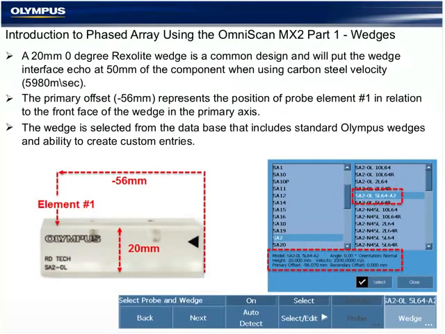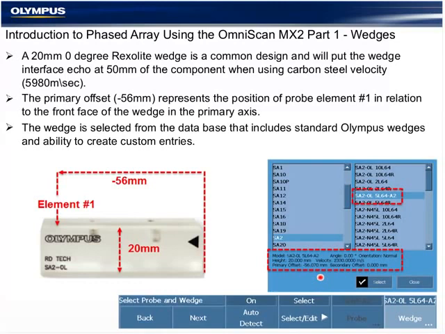So, what does the OmniScan need to know about the wedge, similarly to what it needed for the probe? The probe was automatically detected and populated from a chip. That's not possible with the wedge. So that information must be pulled either from a database, preferably, or entered manually from a wedge that's been modified or purchased from some other manufacturer.